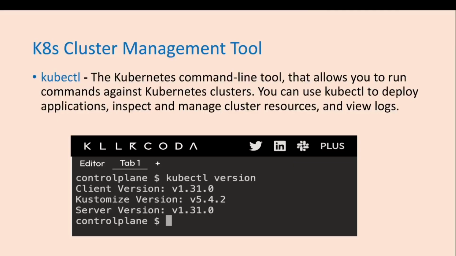So before going into the depth of it, it is important to know about kubectl. This is the command line tool that helps you run various Kubernetes commands on a cluster. With kubectl you deploy your applications, inspect them, manage all your cluster resources, and also view the logs of the different workloads that you are deploying.